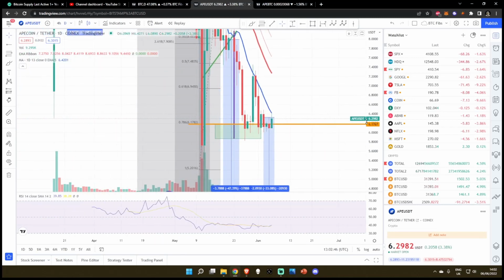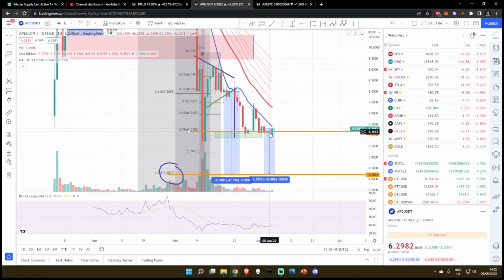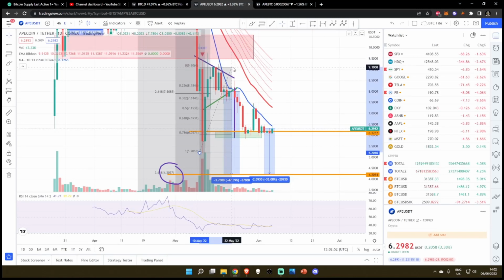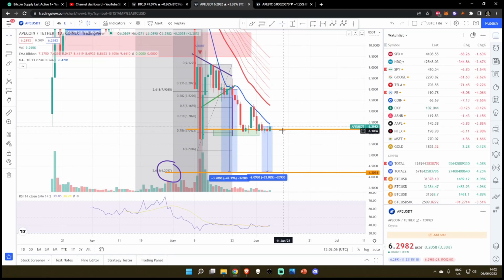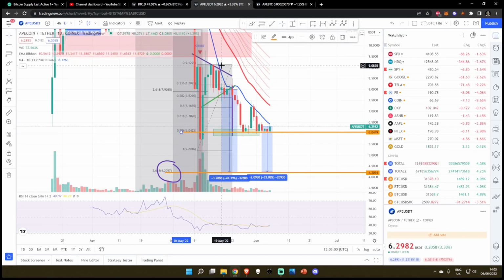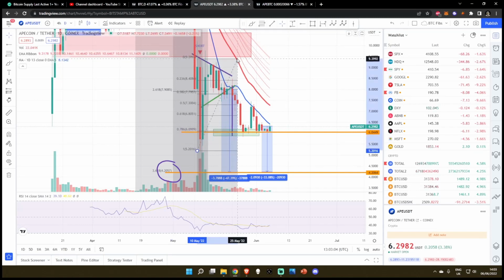Now, on the daily time frame, I wish I could say that if you have a daily close below the 786, then we're likely to flip bearish. But we've pretty much been lollygagging on the 786, so I'm actually going to move the 786 down because it seems like we've been respecting the daily candle body close of this Fibonacci much more than we've been respecting the wick up here, in terms of from the low to the wick up here.